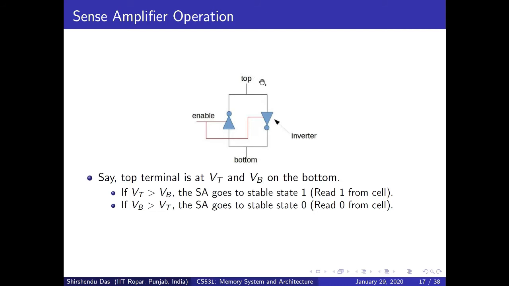That means the top will be converted to VDD and the bottom to 0. The same thing is written here: if VT is greater than VV, the sense amplifier automatically goes to stable state 1. In the other case, if VV is greater than VT, the sense amplifier automatically goes to stable state 0. This is the main property of the sense amplifier, and because of this property we use a sense amplifier with DRAM memory.